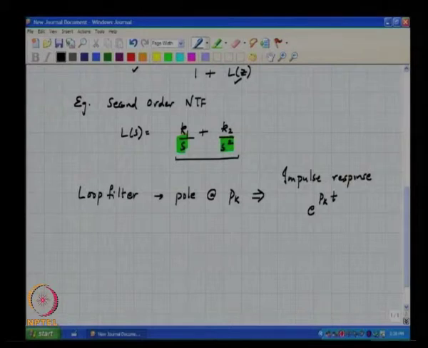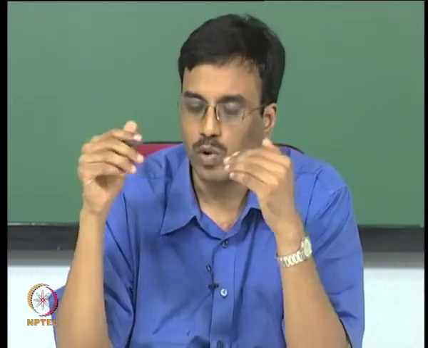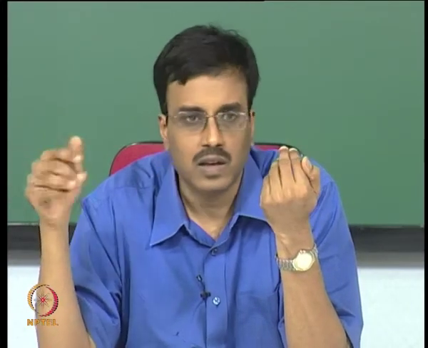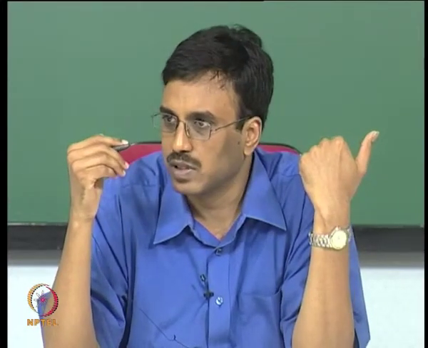But the key point is to understand that if you have a linear system with a natural frequency or a pole at pk, then its impulse response will contain a term of the form e to the pk times t. Now what we are doing is sampling the output of the loop filter at 1 hertz in our example, correct.